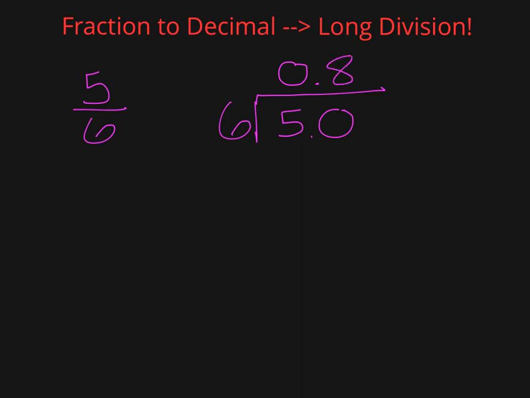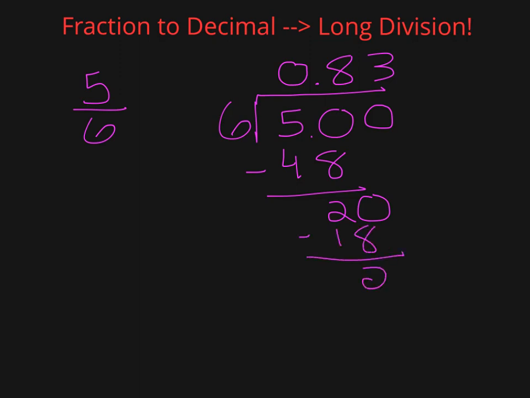And 6 times 8 is 48. Subtract, 50 minus 48 is 2. Well, 6 doesn't go into 2. Add a 0. Bring it down. So 6 goes into 20 3 times. 6 times 3 is 18, and 20 minus 18 is 2.